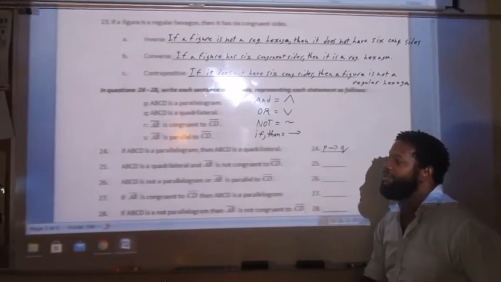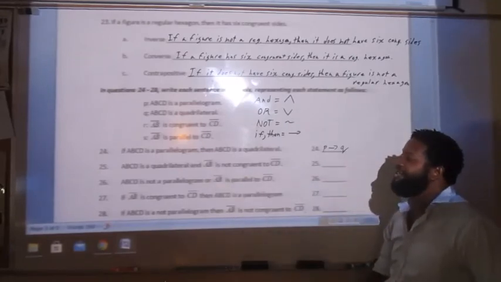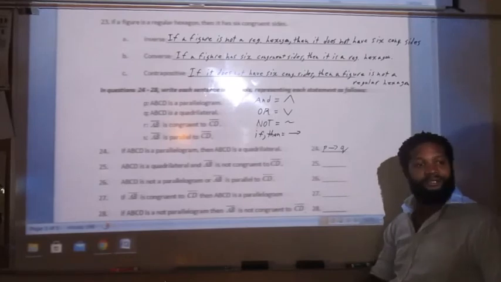ABCD is a quadrilateral and AB is not congruent to CD.